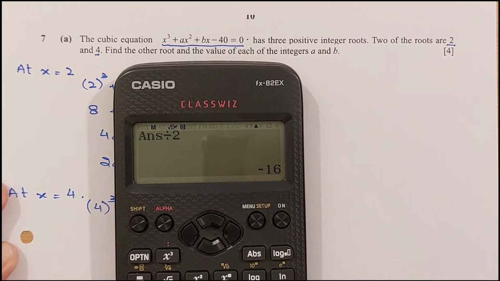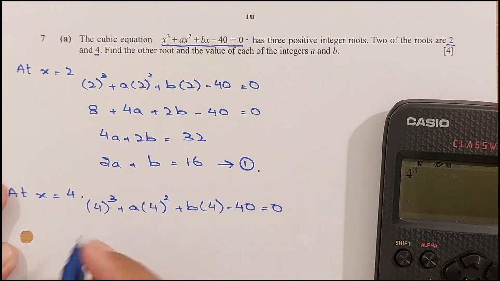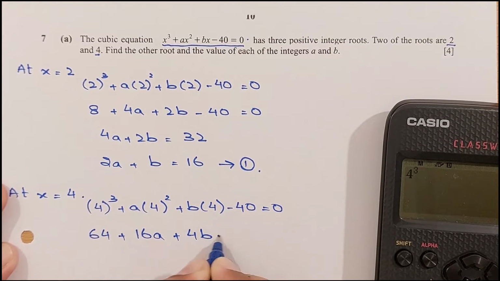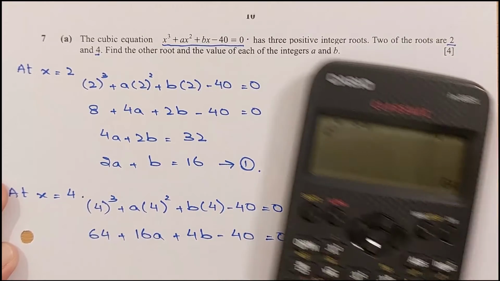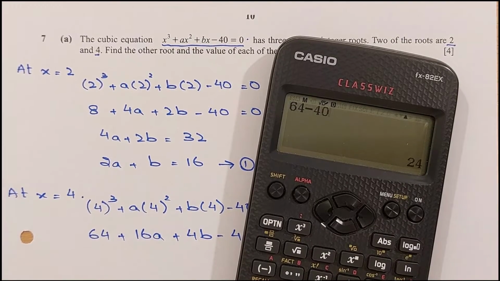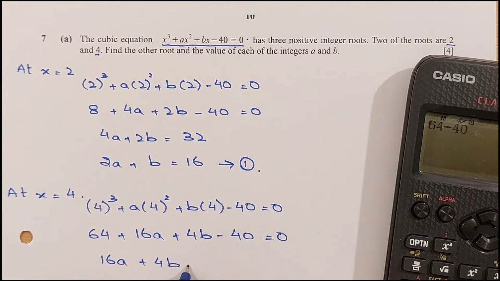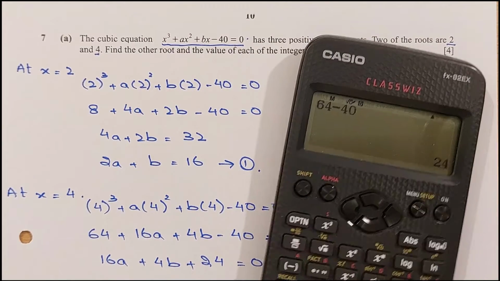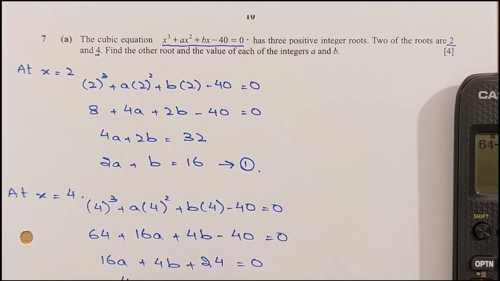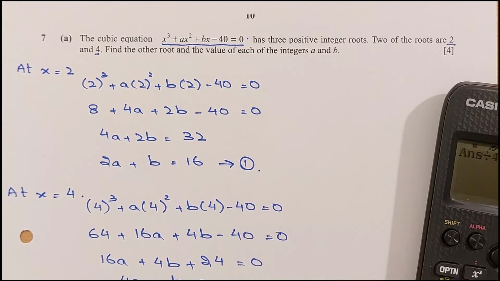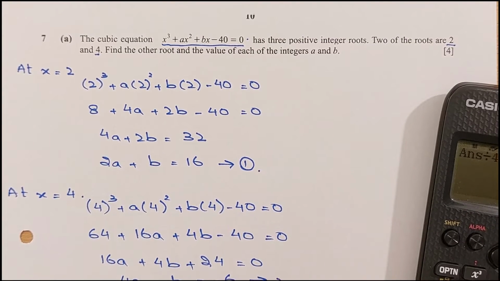What is 4 cube? 4 cube is 64. 4 square is 16a plus 4b minus 40, this is equal to 0. 64 minus 40 is 24, right? 16a plus 4b plus 24, this is equal to 0, right? So dividing by 4, we have 4a plus b plus 6 equals 0, so 4a plus b equals negative 6. This is my second equation.